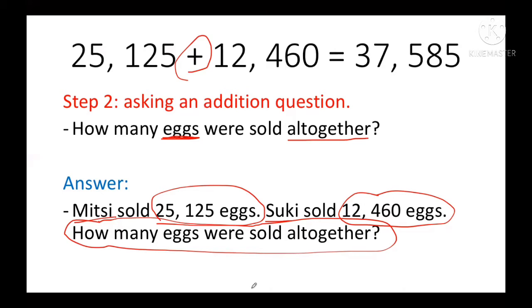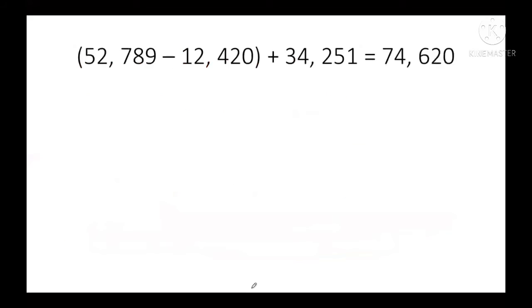What if we combine plus and minus? It's like this. I have an equation: 52,789 minus 12,420 plus 34,251 equals 74,620.